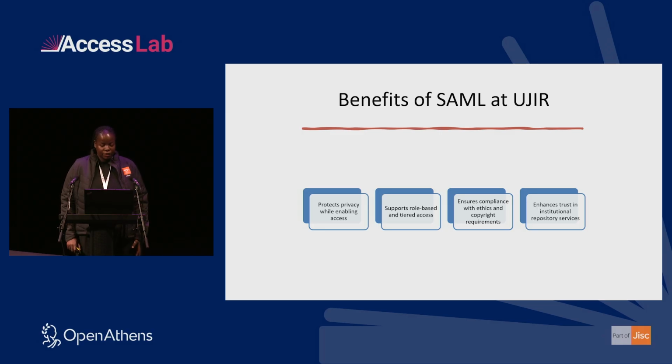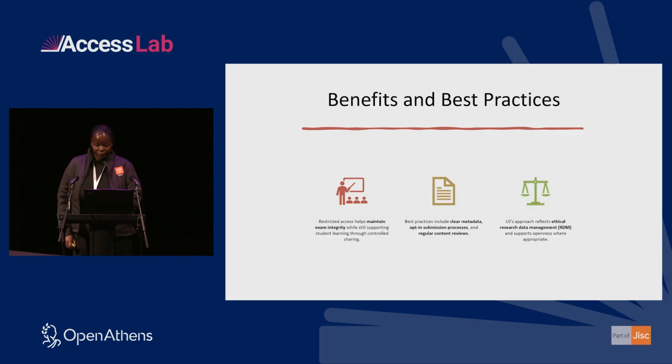it supports the role of tiered access. Now only staff, students, and affiliated researchers can sign in. It also ensures compliance with ethics and copyright requirements, and also enhances the trust of our institutional repository services, and also the trust of the work of our university as well.